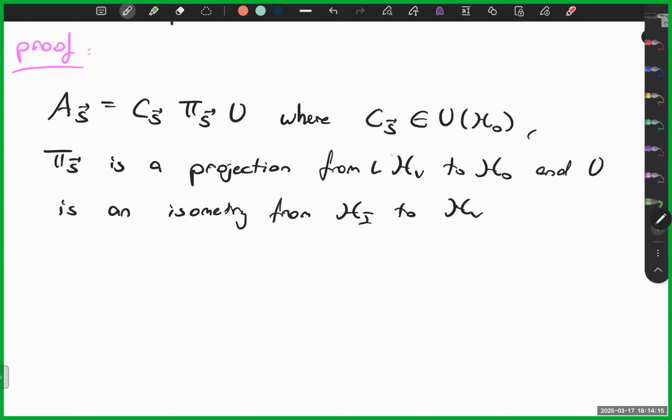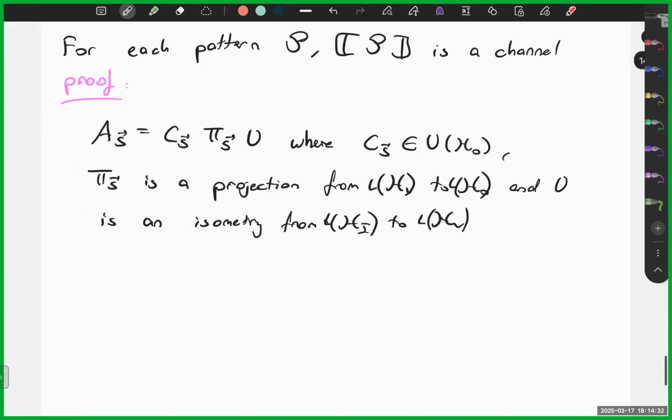So I guess those also need to be L ones. Sorry about that. Right? No, you don't have the L's there, because the projection is going to go between the Hilbert spaces, similarly the isometry as well.